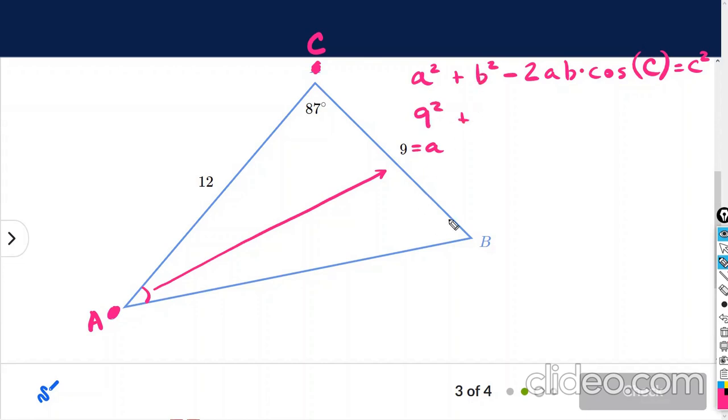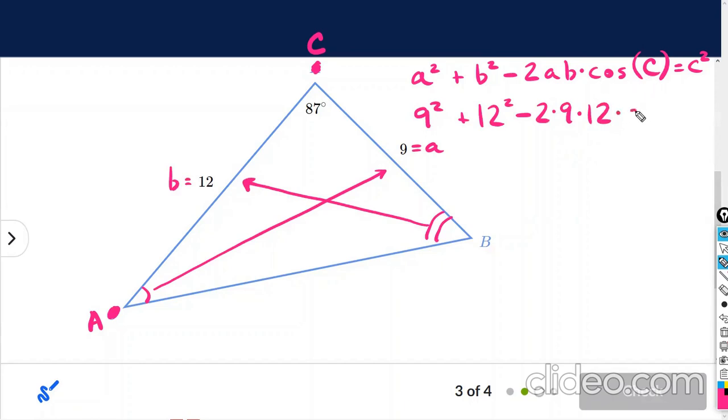Then lowercase b is going to be across from angle B, so b squared is 12 squared, minus 2 times a, which we said was 9, times b, which we said was 12, times the cosine of C. C is the angle at vertex C, that's going to be 87 degrees, and that equals c squared.